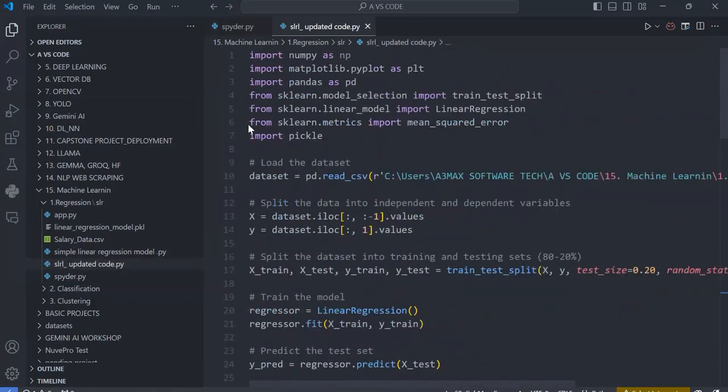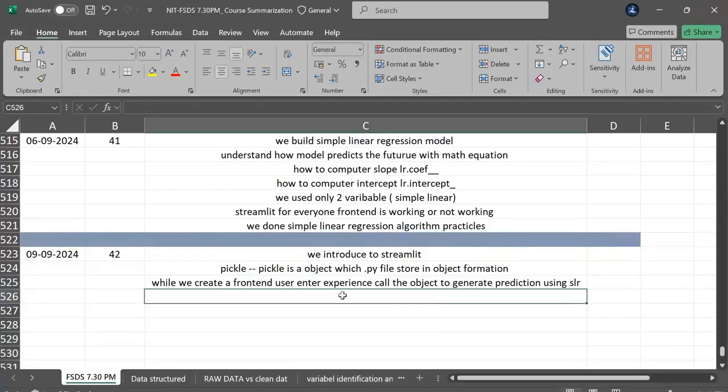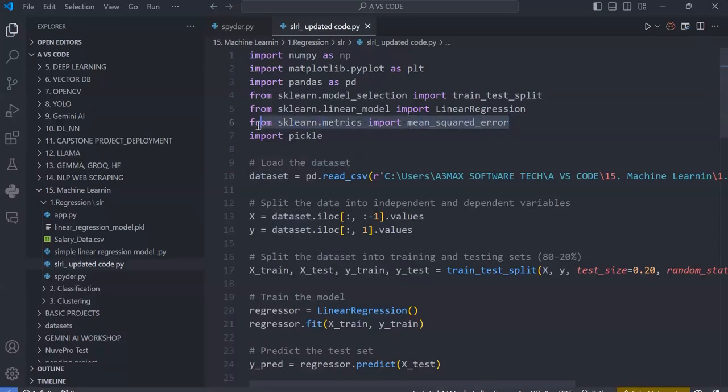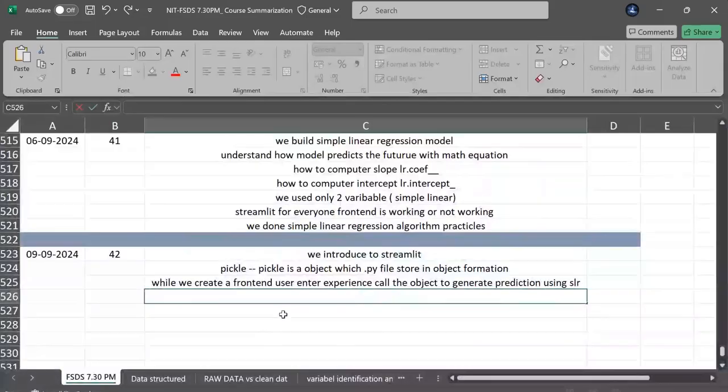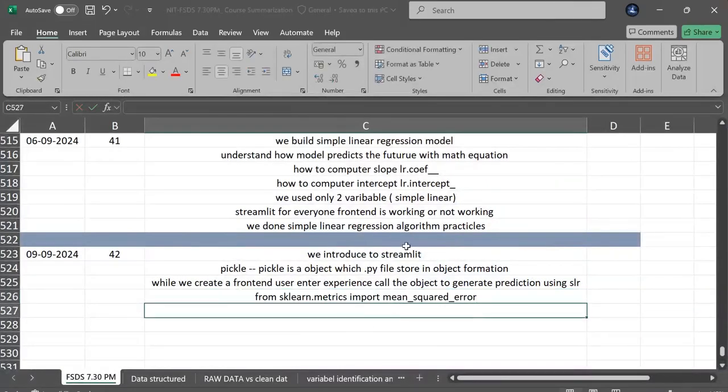We also introduce sklearn.metrics, mean squared error. You never get R square, guys. So you can also write sklearn.metrics, mean squared error. So sklearn, how to import mean squared error? From sklearn.metrics. Okay.